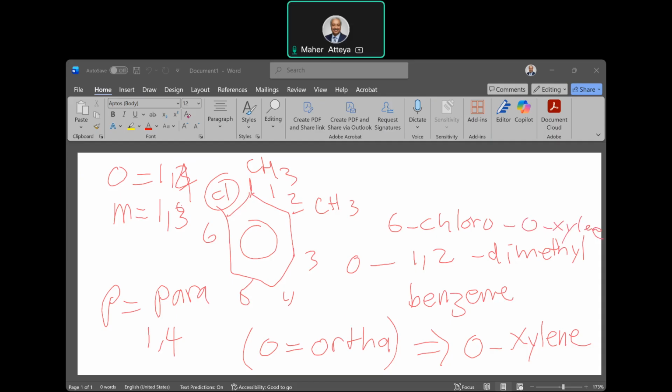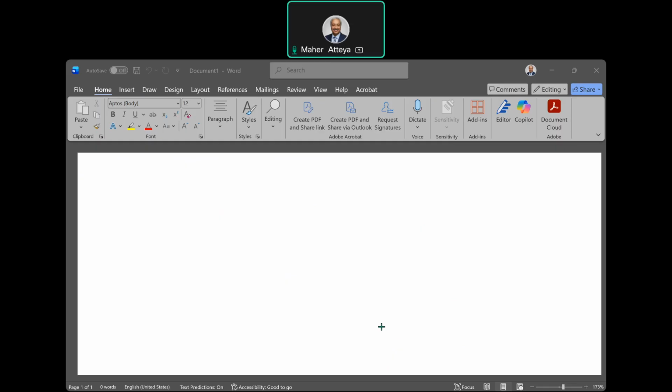Let's go for the cyclic. The cyclic is different from the aromatic because we don't have the 3 double bonds around the ring. So we can start with something looking like this, something looking like this, something looking like this.